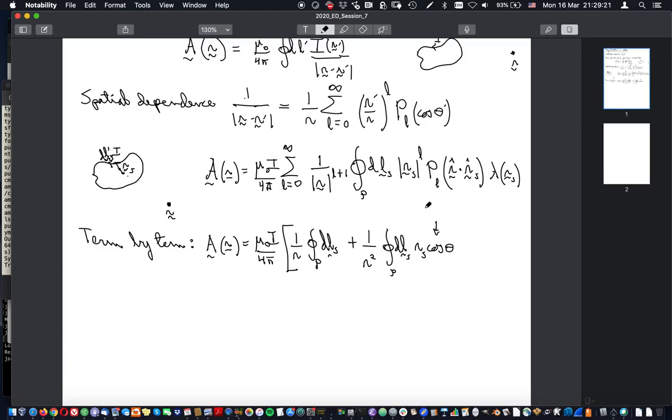So maybe I shouldn't even draw this. r_s, so theta would be the angle between the two. Okay. And then I've got another term, which is a quadrupole term that I'm actually not going to write down for now.